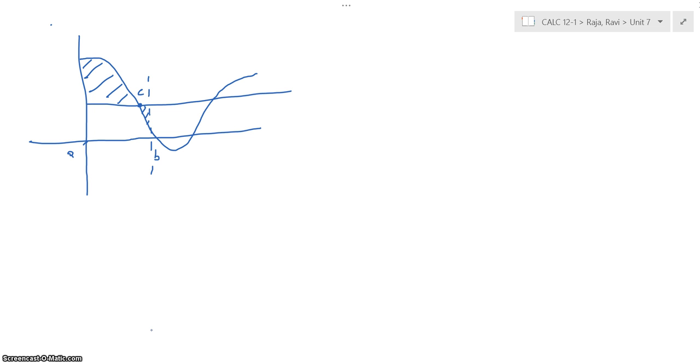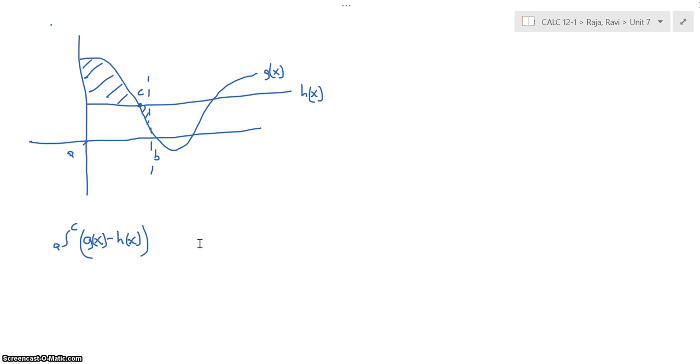For that, we have another equation, and that would be the integral from A to C, because we're going from the part that's above the first graph. We need to find that area first. So from A to C, g of x minus h of x. I forgot to say that the top graph here is g of x, and this graph is h of x.